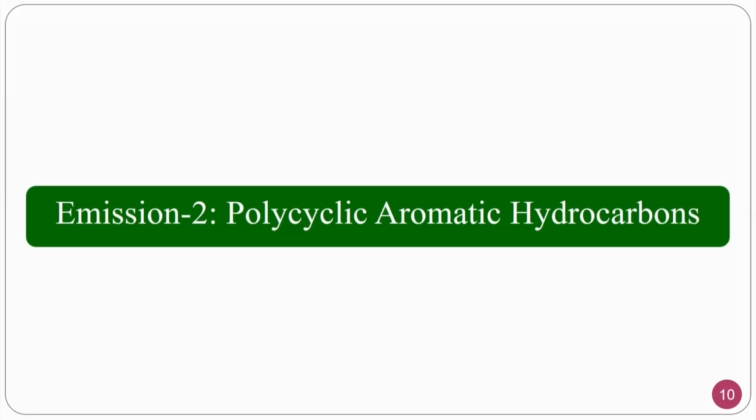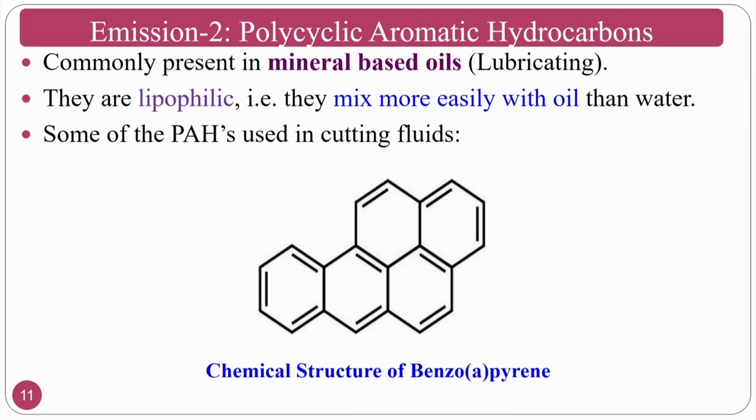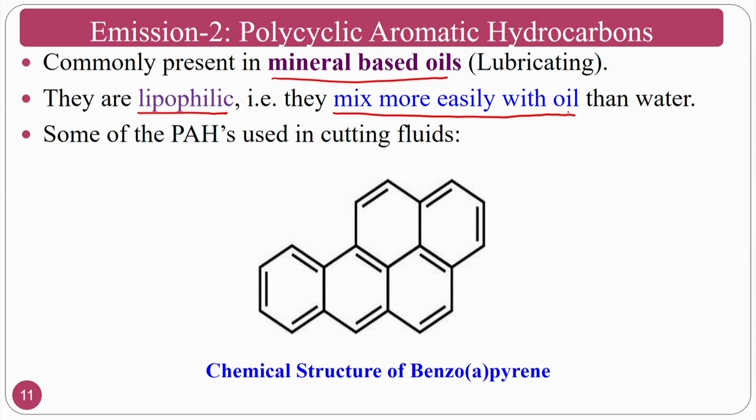The second important emission is polycyclic aromatic hydrocarbons. They are commonly present in mineral oil based lubricants, which means it is a major component in the cutting fluid itself. These are lipophilic, that means they mix easily with oil rather than water.